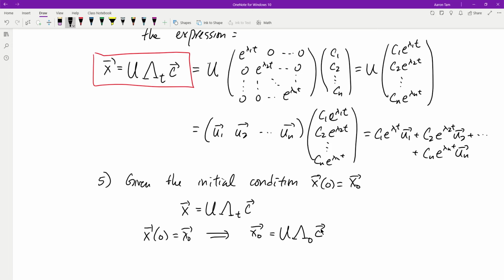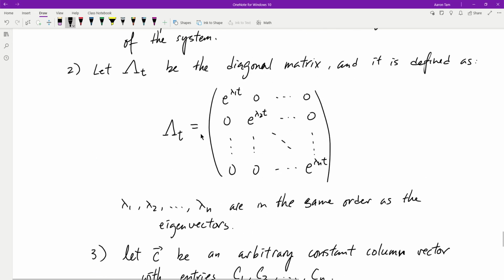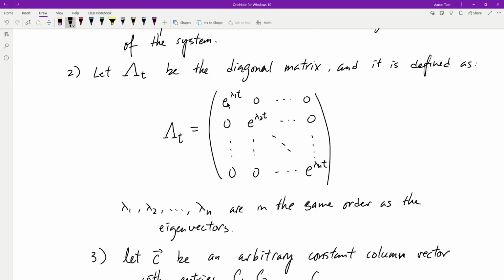So notice that would mean that the output vector x is actually x sub 0, when we plug in 0 for the input, which in this case is the t variable. So therefore I replace the t with 0. Now, think about what happens if I do plug in 0 for t in our lambda sub t matrix right here. That will mean that it becomes e to the 0, e to the 0, e to the 0 along the main diagonal.